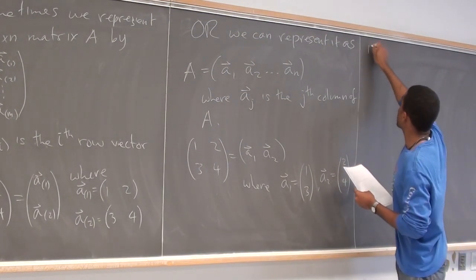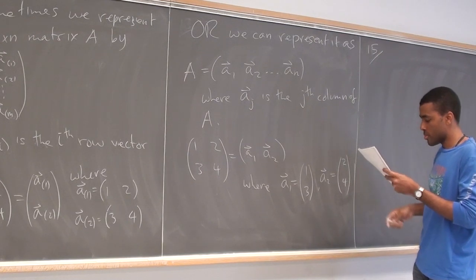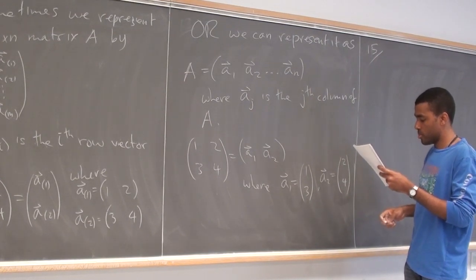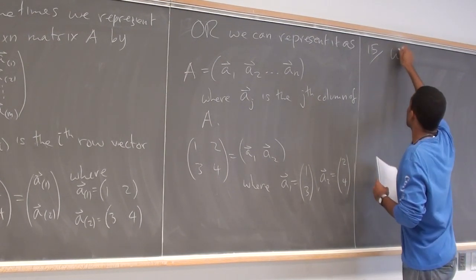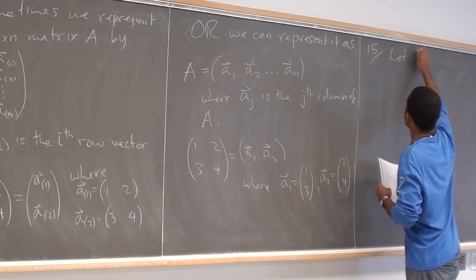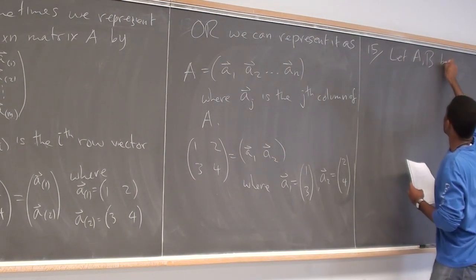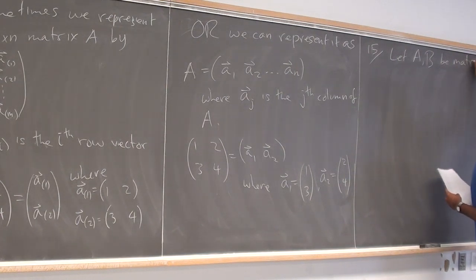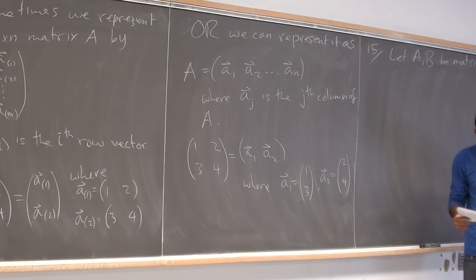Okay, so we're at 15. Let A and B be matrices.